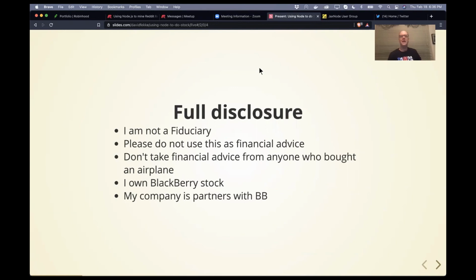Because of that, I liked some of the stuff BlackBerry was doing. But like I said, don't take this as financial advice. I bought their stock when it was selling for $10 a share, then last year it went down to like $4 a share, and then it went up to like $28 a share. I didn't sell, I held on to the stock. I think it's back down to like $11 a share or something like that.